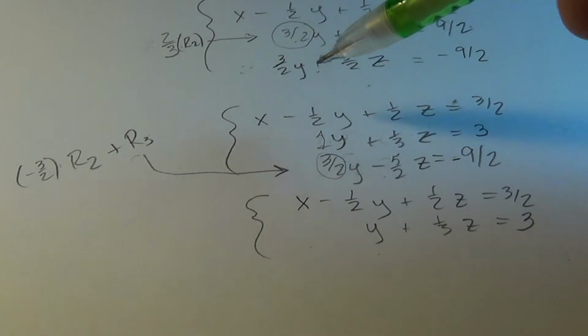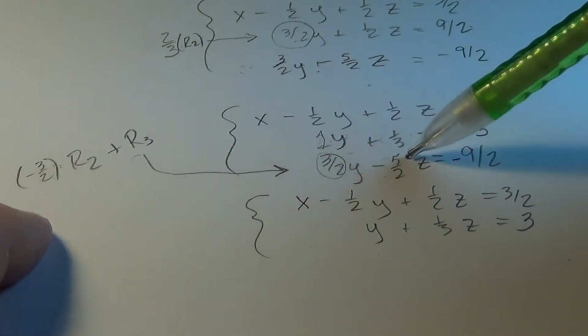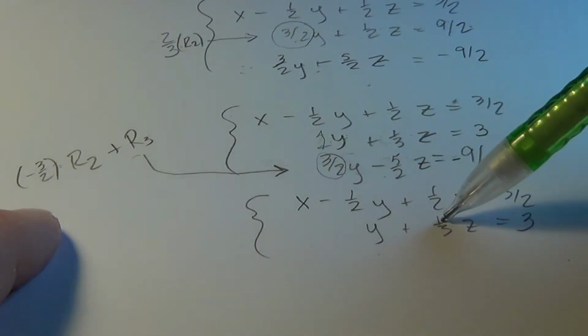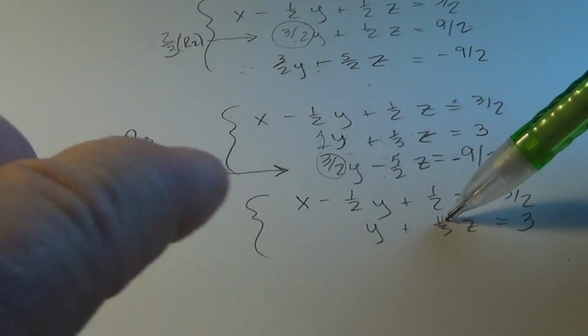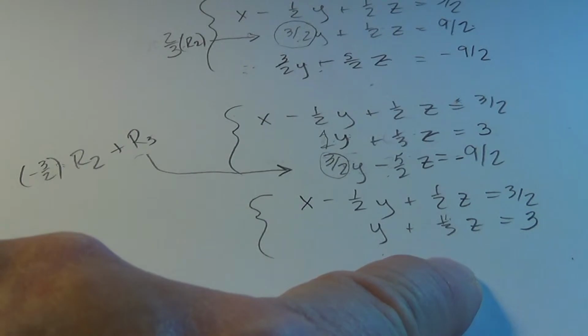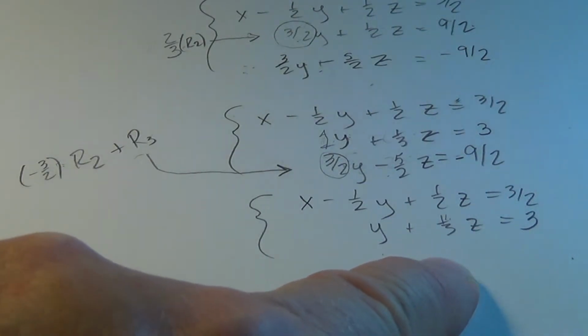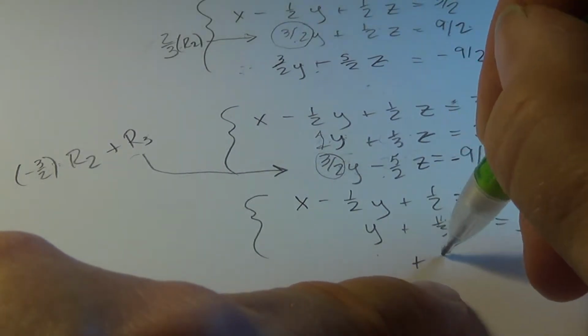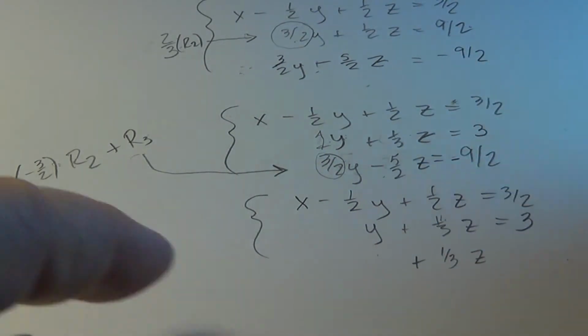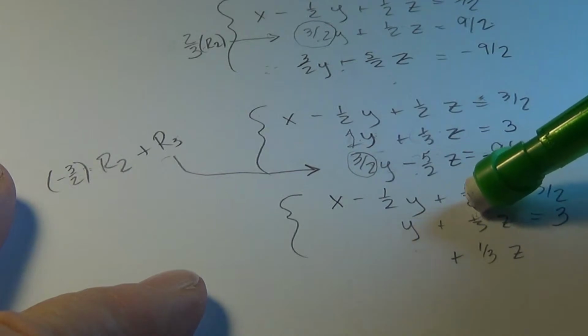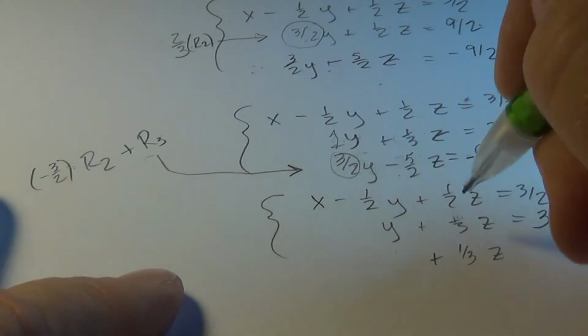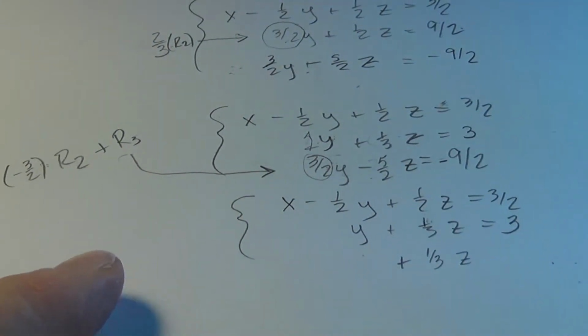Now over to the z term: negative 3 halves times negative 5 halves, add it to 1/3. It becomes positive 1/3 z. I use my calculator sometimes to do these fractions because it's important not to mess them up along the way.